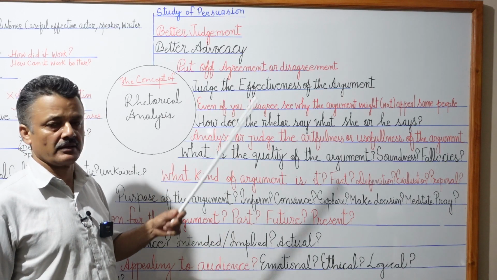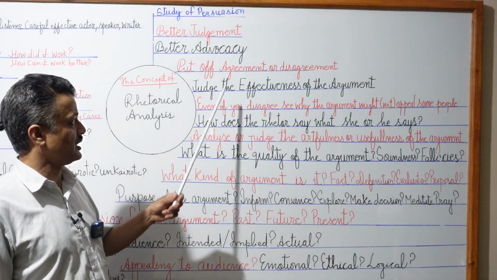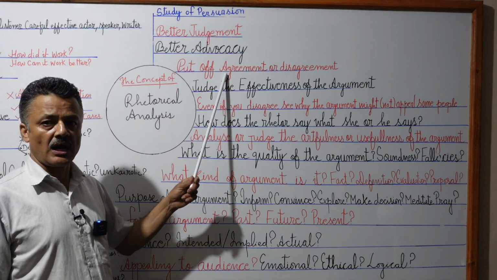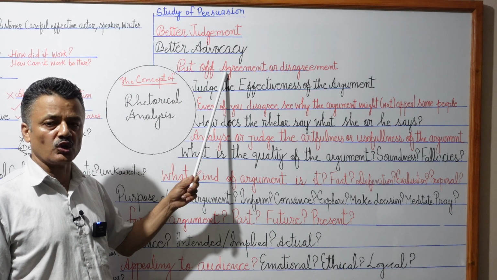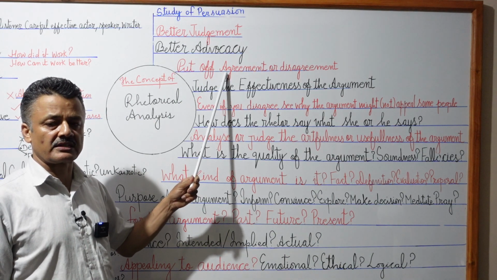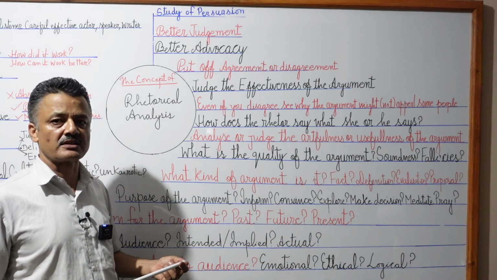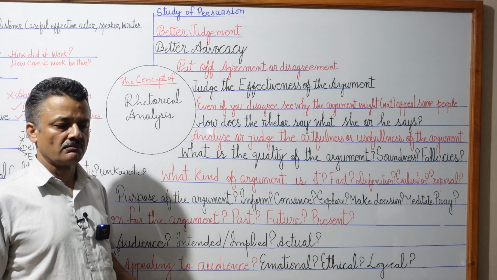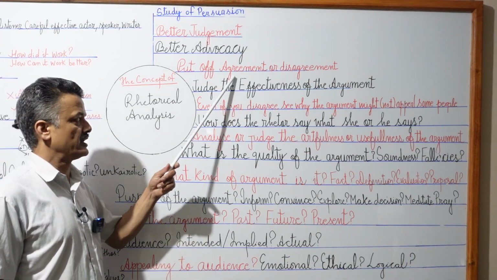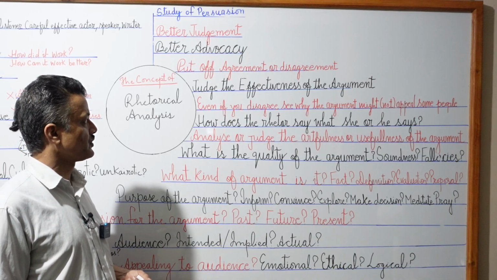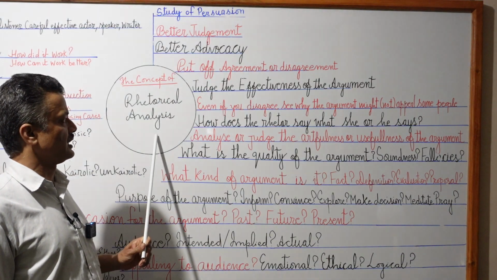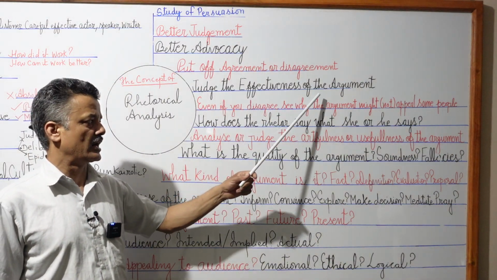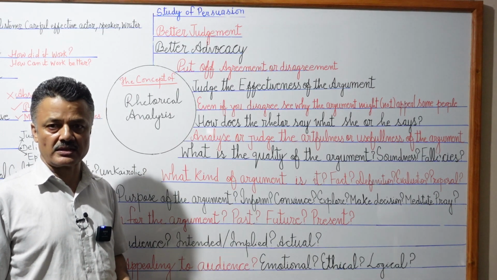Or we may agree, but the question is not about agreeing or disagreeing, but understanding how cleverly, how wisely, how persuasively, how effectively he tries to convince us. We might be convinced, we might not be convinced, but the question is how effectively he tries to convince us. So, when we do rhetorical analysis, we judge the effectiveness of the argument that a writer is making.